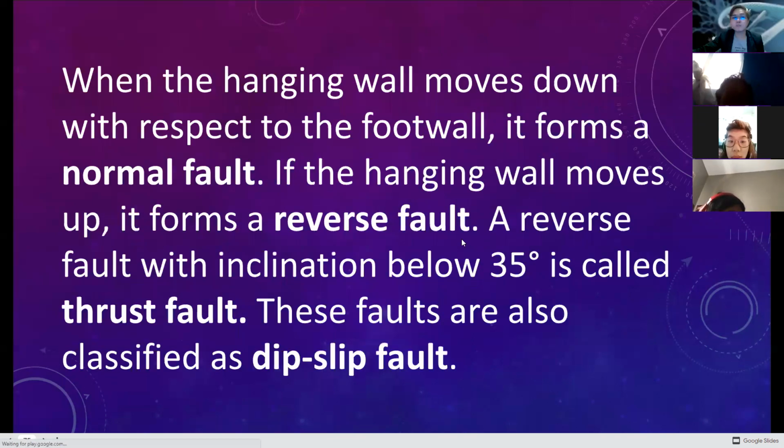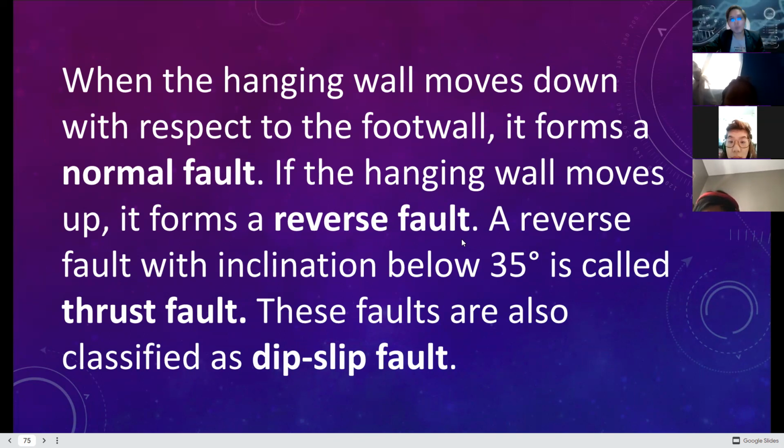When the hanging wall moves down with respect to the footwall, it forms a normal fault. I will let you see the illustration, the comparison between these, later after this. If the hanging wall moves down, it is a normal fault, okay?